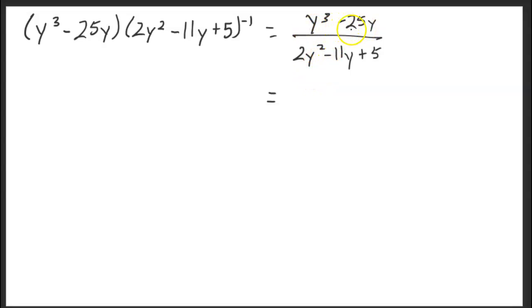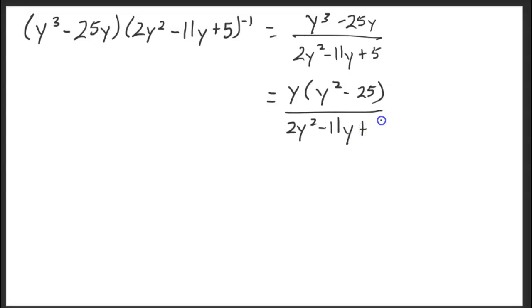So when I look at the numerator, I see that I can take a y out, and I've got y times the quantity y squared minus 25. Right, so there's something I could do. Now, I might think, well, I should probably do some more. When I look at this quantity right here, it's the difference, subtraction, the difference of two squares, y squared and 25, which is 5 squared, right? 25 is 5 squared.